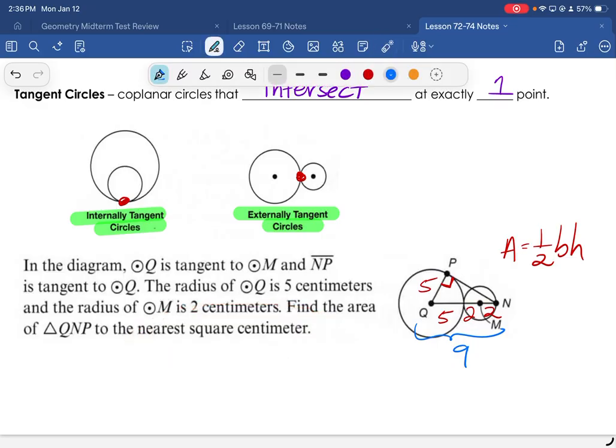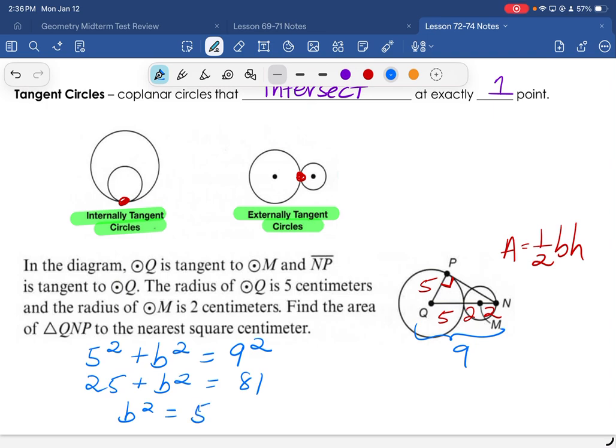Here, I'll show you. So y'all all agreed that I should use the Pythagorean theorem. 5 squared plus b squared equals c squared. So we have 25 plus b squared equals 81. Then we subtract 81 minus 25, we get 56. Then we take the square root of both sides, and b equals 7 point what? 7.5.